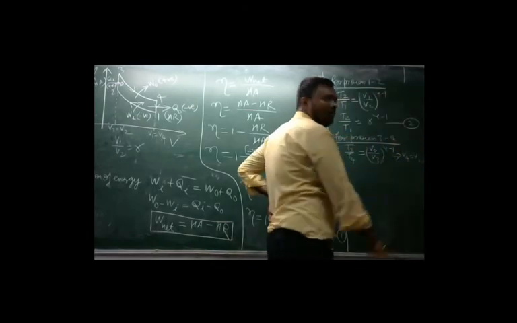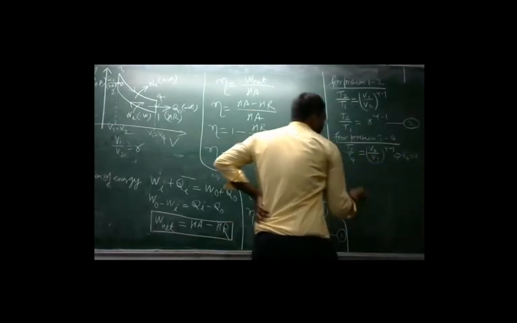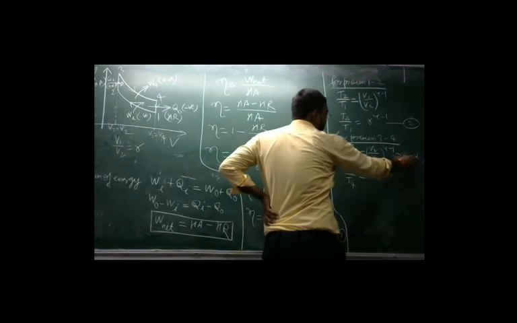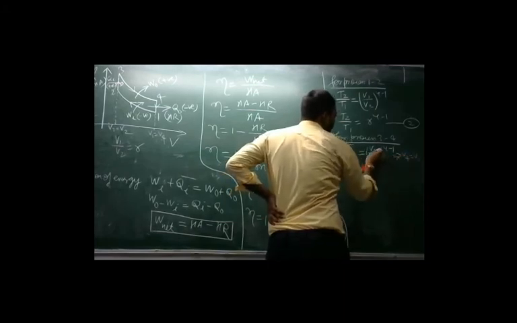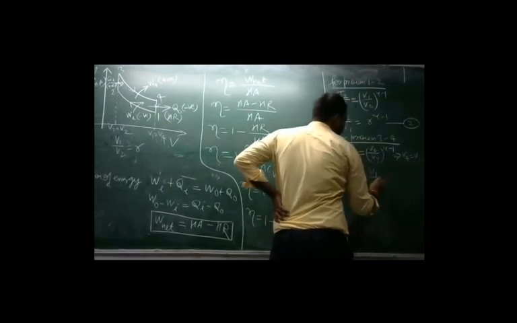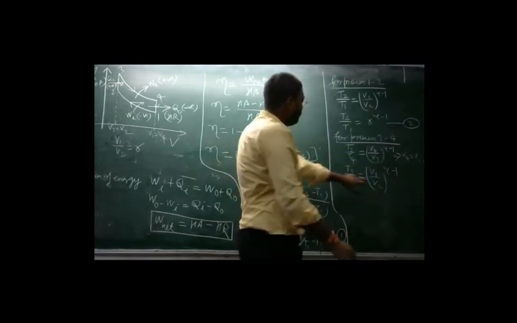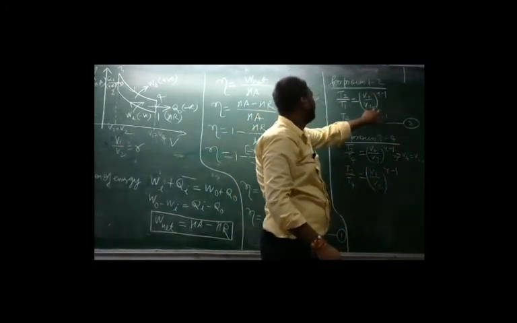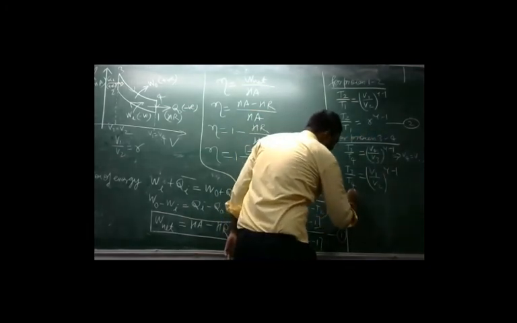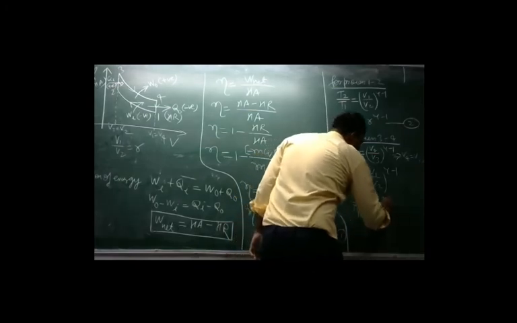Replacing these values, we get V1 by V2 to the power gamma minus 1, which is again the compression ratio r. So T3 by T4 should also be equal to r to the power gamma minus 1.